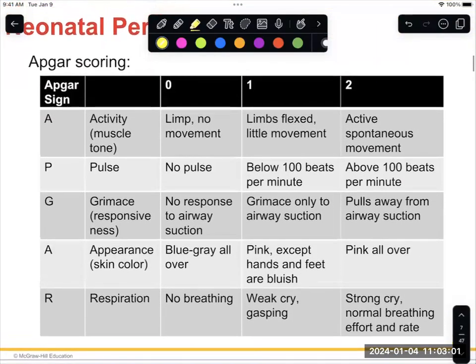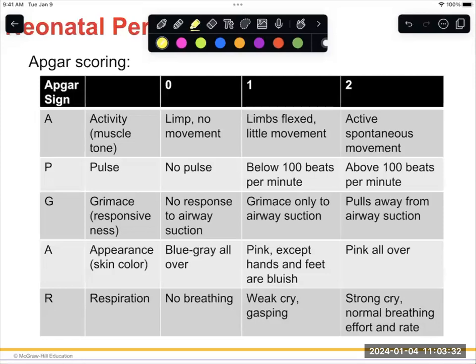So here's the APGAR scale, which is an evaluation of a newborn's status. That APGAR scale is given at 1 minute and 5 minutes after birth. This neonate is given a score from 0 to 2 in each category on muscle tone, pulse, responsiveness, skin color, and respiration.